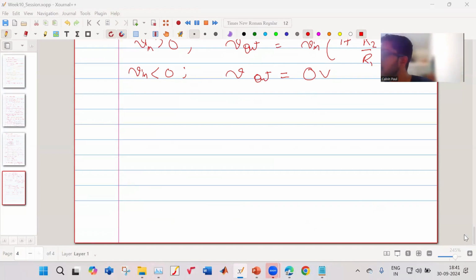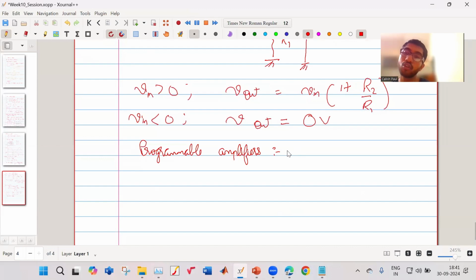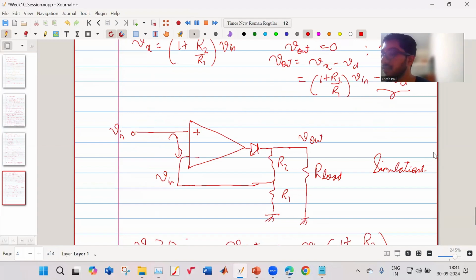Okay. So let us consider programmable amplifiers. Programmable amplifiers means we want to be able to change the gain. Okay, the gain has to be varied.